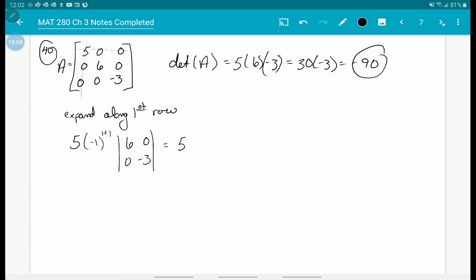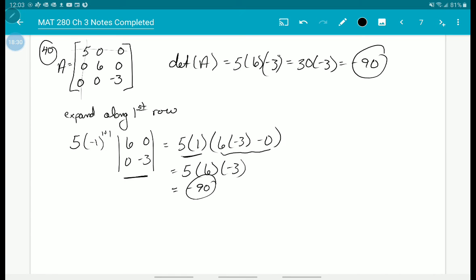So that's going to be 5 times a positive 1 times this determinant. It's going to be 6 times the negative 3 minus 0. So we're going to have 5 times 6 times the negative 3. You can see how it's the entries on that main diagonal, which gives us that negative 90.